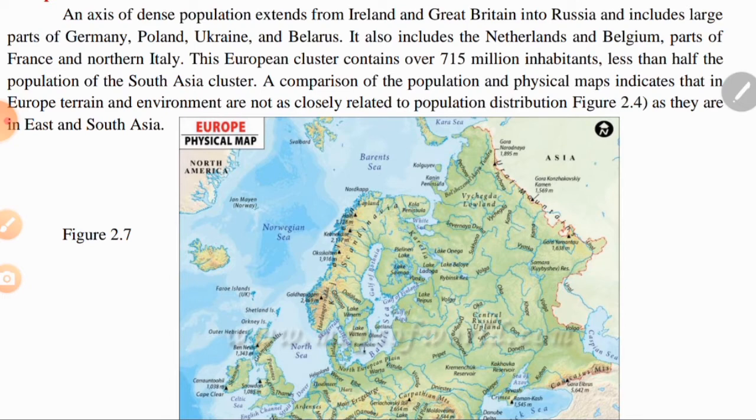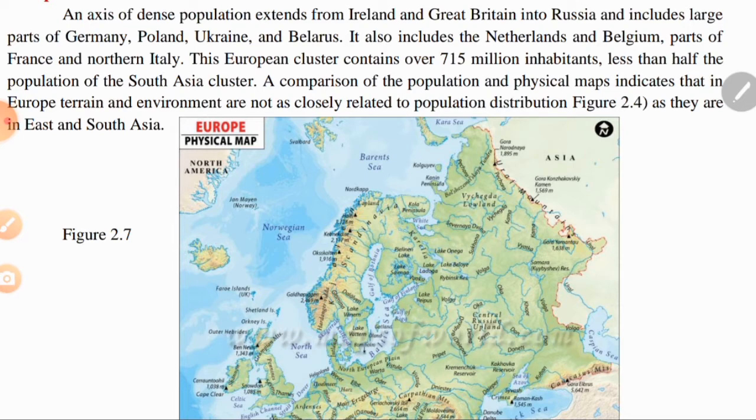Then the comparison of the population and physical maps indicates that in Europe terrain and environment are not as closely related to population distribution as they are in East and South Asia.